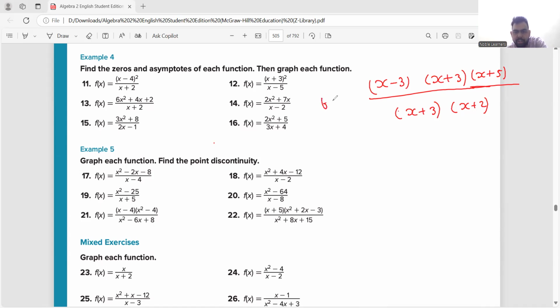If you get something like this, the hole is at x equals -3, because you are able to cancel out. So x equals -3. What is your vertical asymptote?